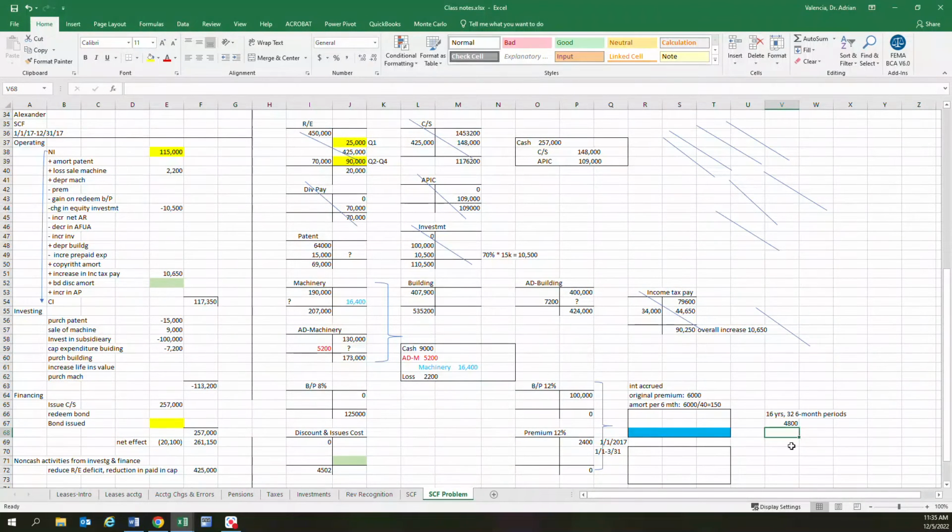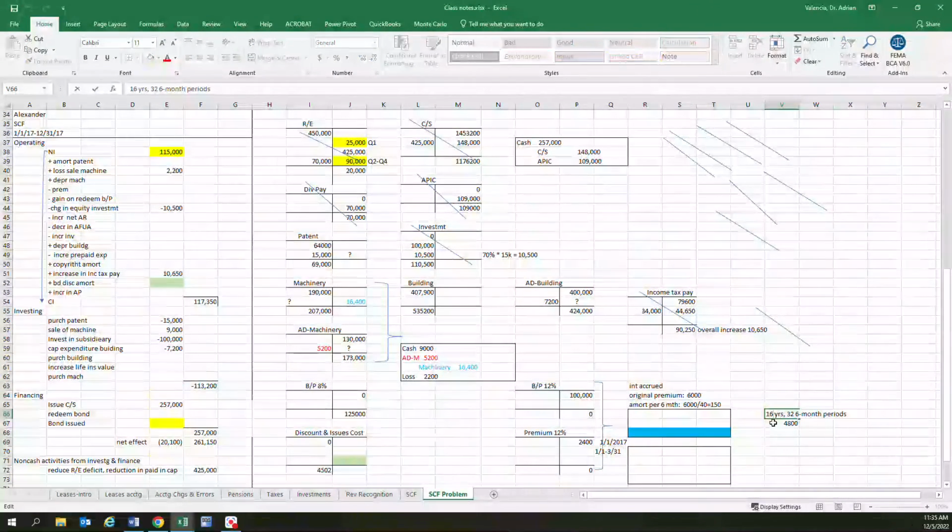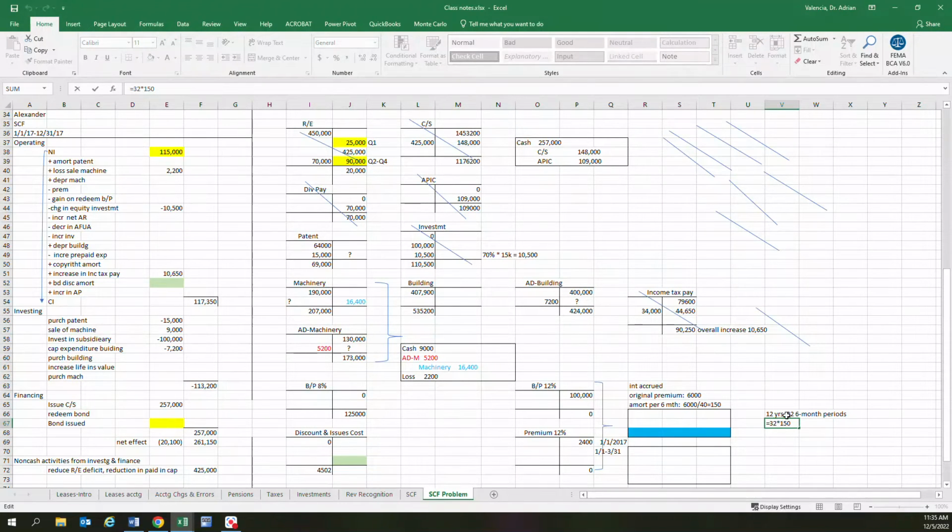So that gives me 4,800. No, that doesn't seem right. Did I do? This actually should be 12 years, I believe. Sorry about that. 12 years is 24. I don't know where I put 16 years. This is 24 6-month intervals. Let's see if that works out.